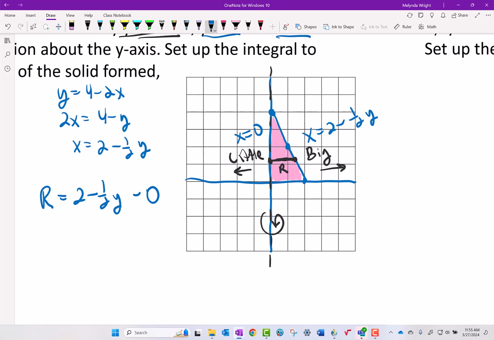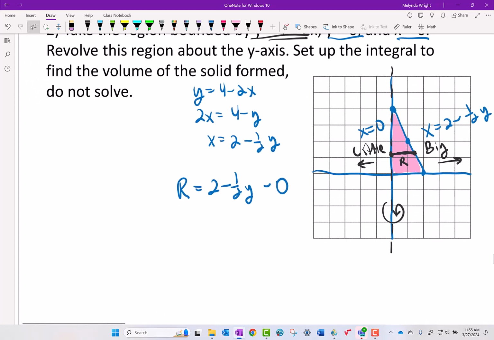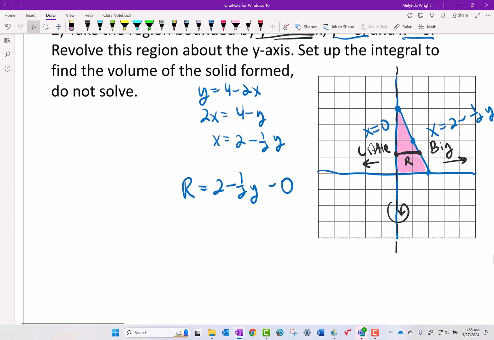All right, so let's set up our formula, and actually we're not solving it. We're just supposed to set it up and then we're done. So here we go. We've got pi integral. Now we are going with y's, right? From my graph, it's not a great graph, but it's pretty good. I can see the little y is 0 and the biggest y is what? 1, 2, 3, 4, right?